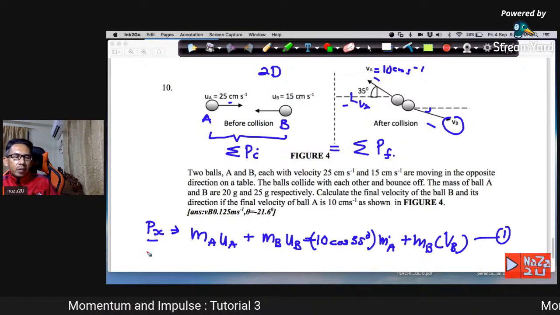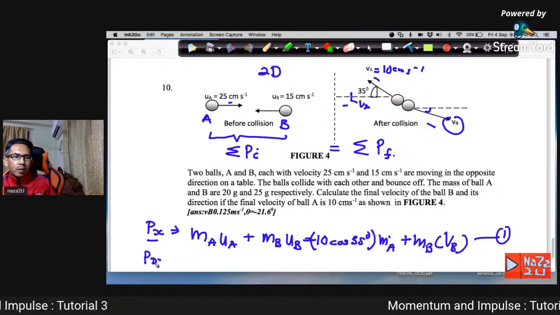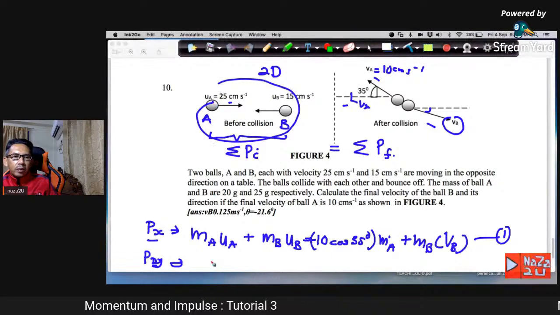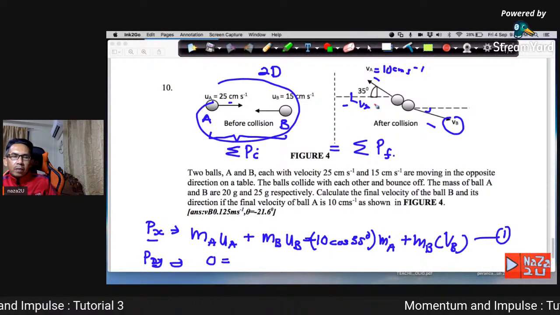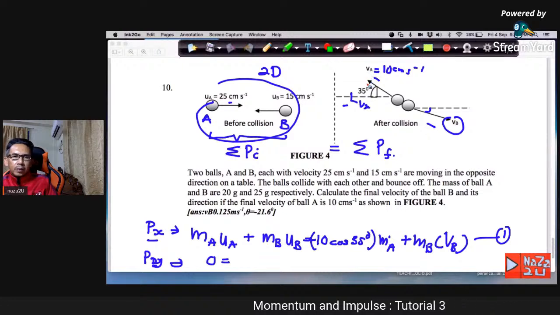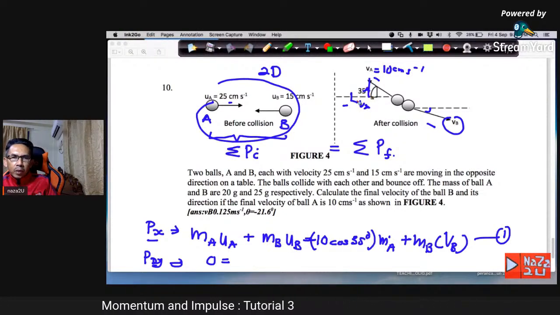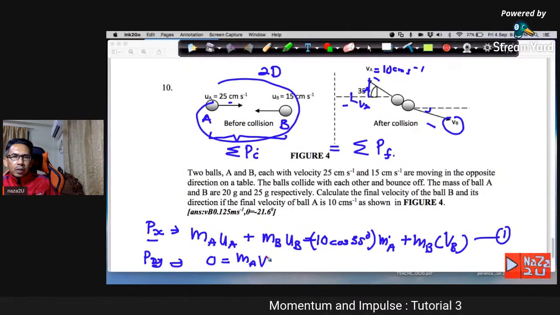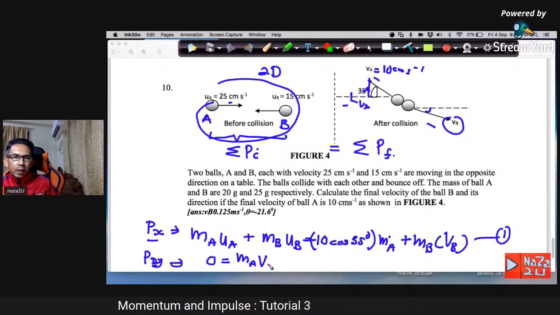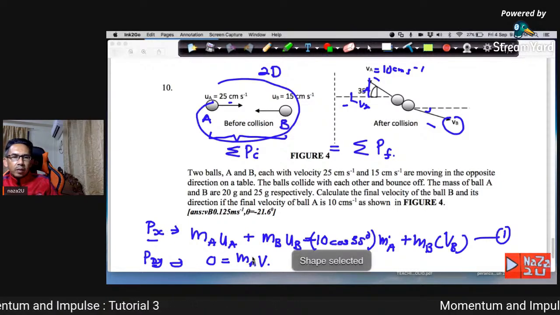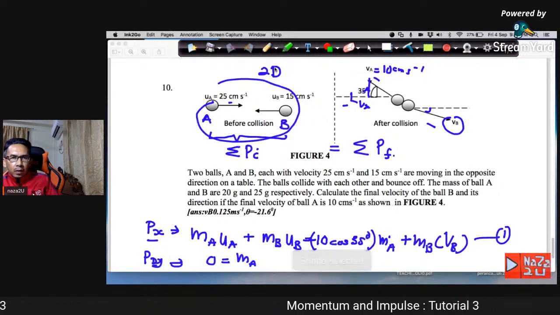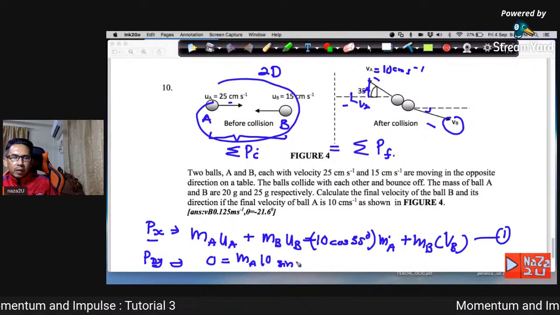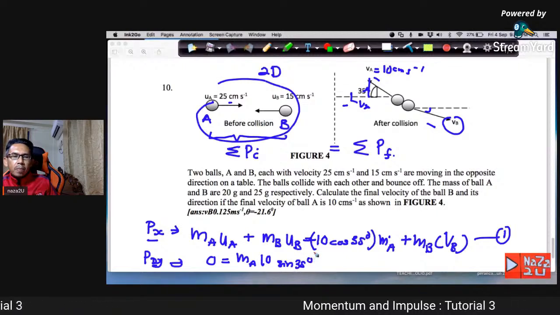And the second equation resolves the momentum to the Y. So the Y here is the same: before collision there is no Y direction, so it is equal to 0. And the second part, after collision, we resolve VA to the Y, this is VAY. So we have mass A times 10, resolved to the Y using sine 35 degrees.